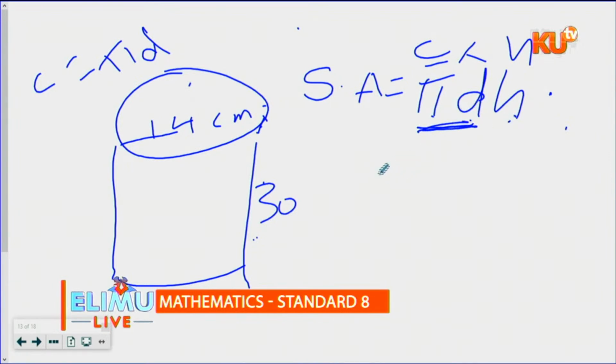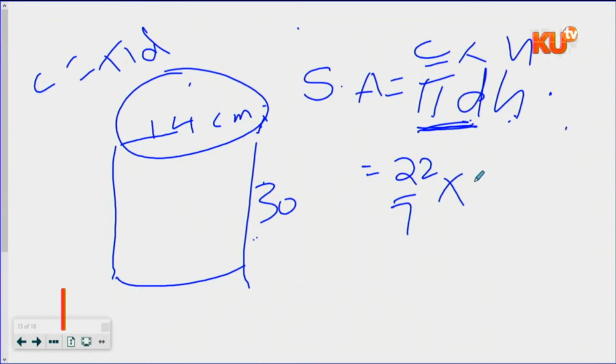So this will be equal to 22 over 7 times the diameter. The radius is 14, so our diameter will be 28. This 28 we multiply by the height, which is 30.